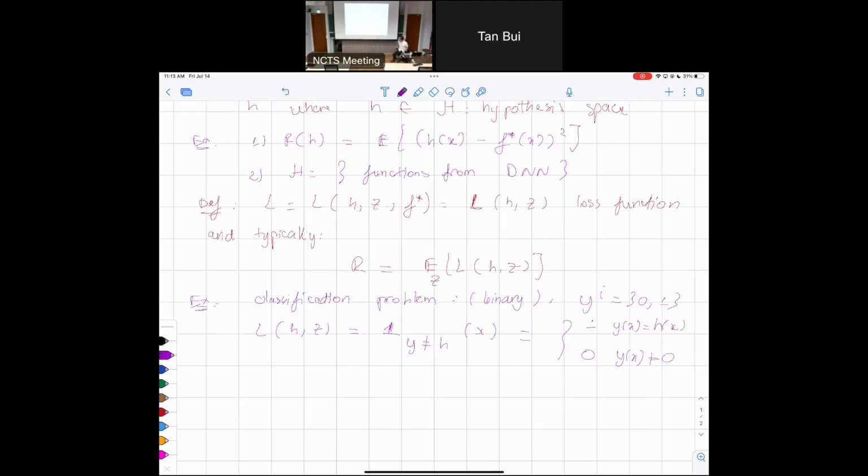Sorry, I'm sorry, that's wrong. Let me repeat that. It is equal to 1 if they are different, and 0 if they're the same. Let me make sure about f star here.